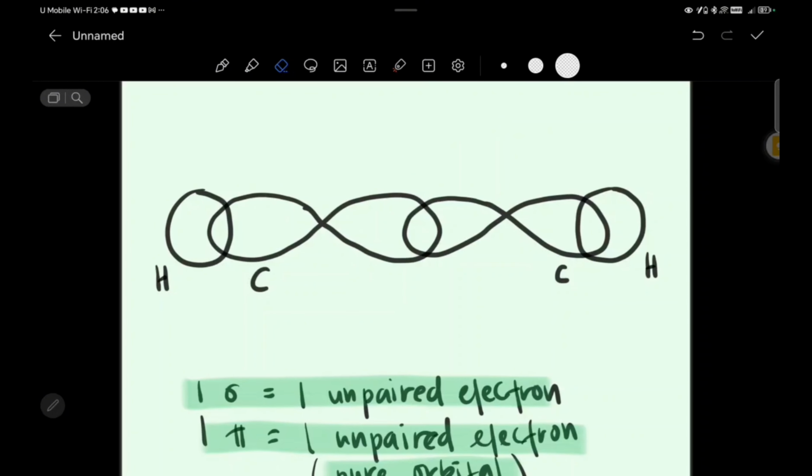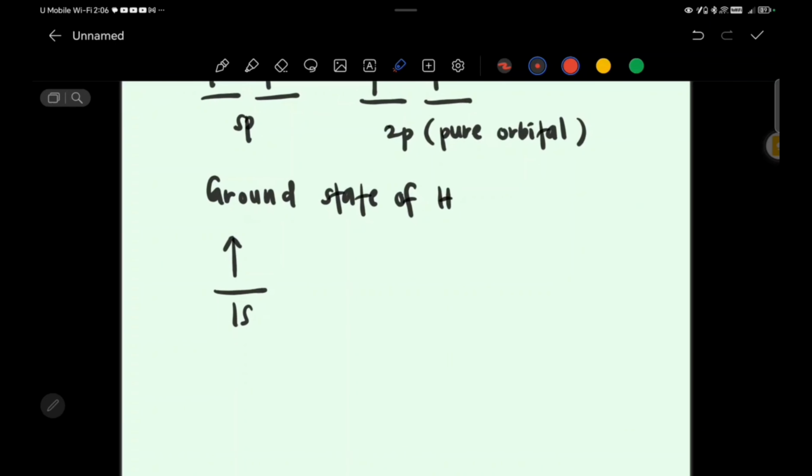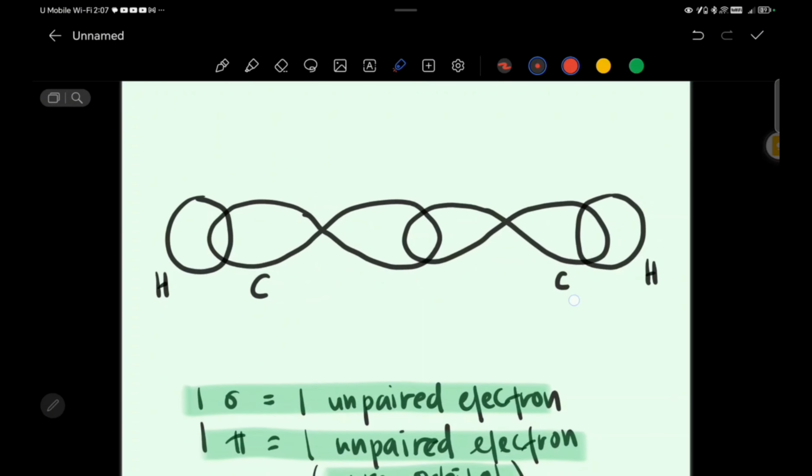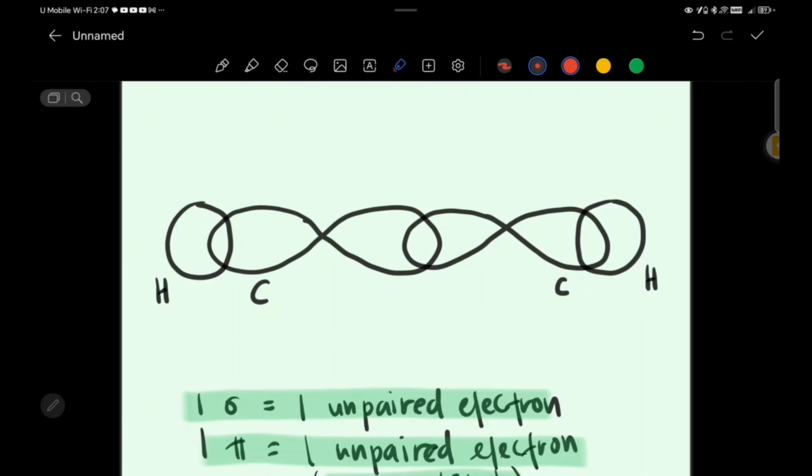Since we have 2 carbons, we're going to draw 2, this one and this one. And then we can draw the hydrogen. Hydrogen is 1s. S means it's a circle, so we put 1 here and 1 here.